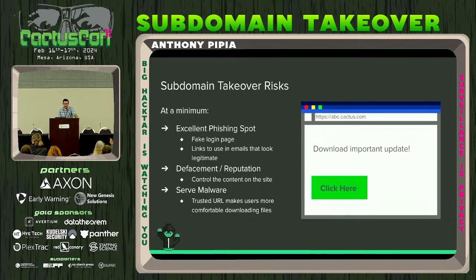Maybe your company has software that customers download, and a user might trust abc.cactus.com as a link. If they get an email, all of your phishing campaigns to teach people what links not to click, all of it's out the window. This link looks fantastic. Why wouldn't they click it? It says abc.cactus.com. So you can bypass some of your phishing campaign knowledge there.